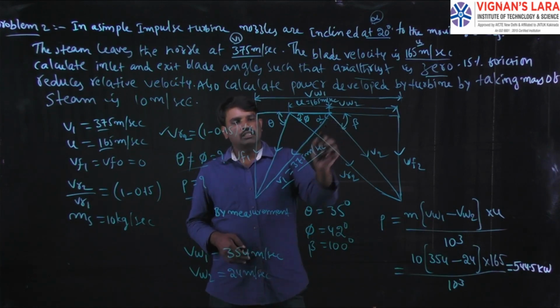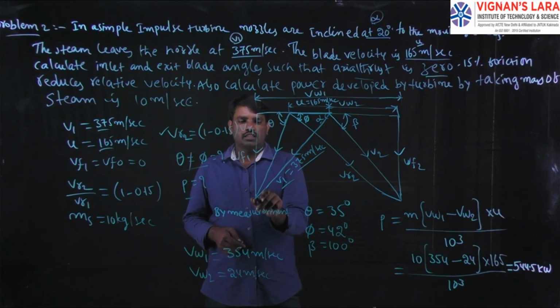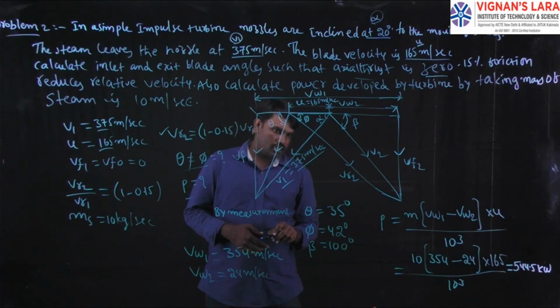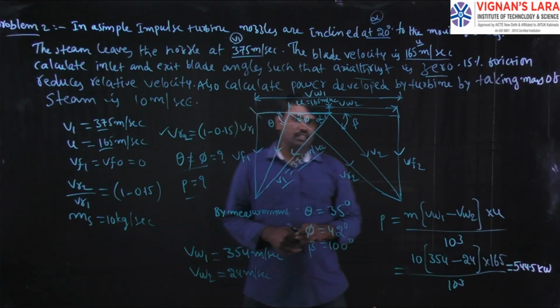Extend the V1 line vertically and the U line horizontally; both intersect at one location. Then complete the inlet velocity triangle.